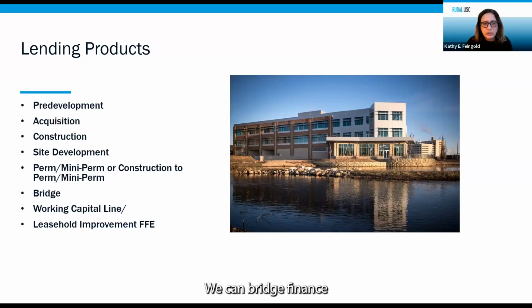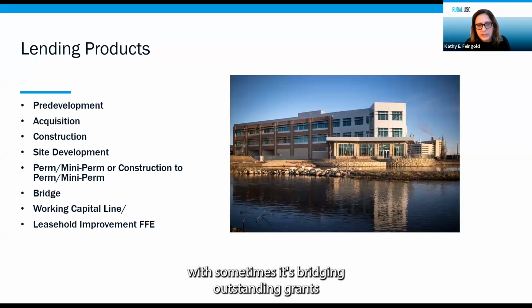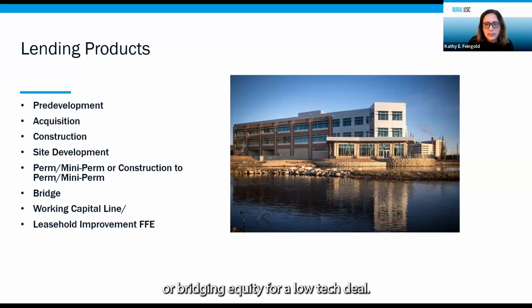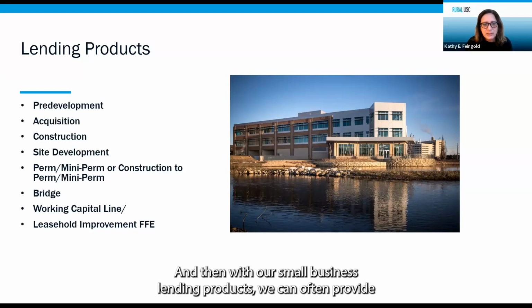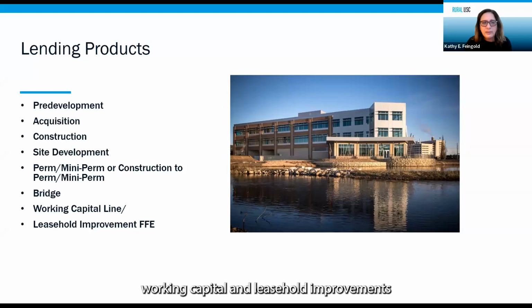We can bridge finance, which sometimes is bridging outstanding grants or bridging equity for a LIHTC deal. And then with our small business lending products, we can often provide working capital and leasehold improvements for fixtures, furniture, and equipment. Next slide, please.